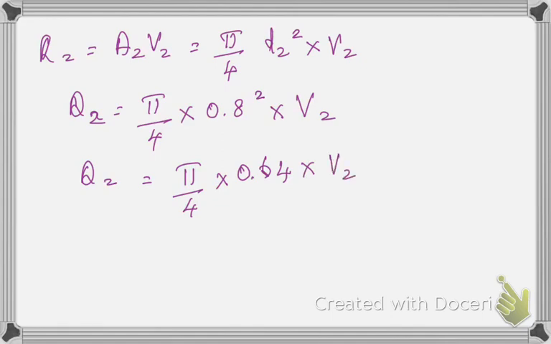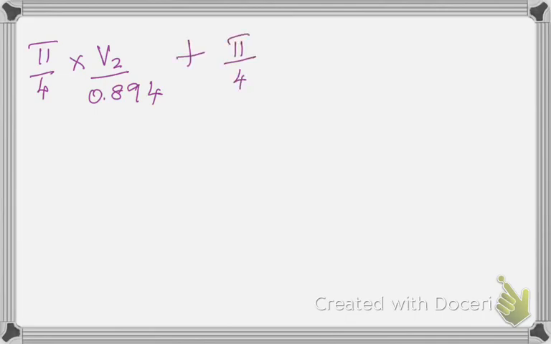Now I am going to substitute this Q1 and Q2 in equation 1. What is our equation 1? Q1 plus Q2 is equal to 3. So in this equation, Q1 is pi by 4 into V2 by 0.894 plus Q2 is pi by 4 into 0.64 into V2, and this is equal to 3.